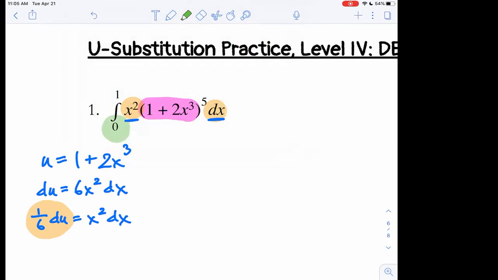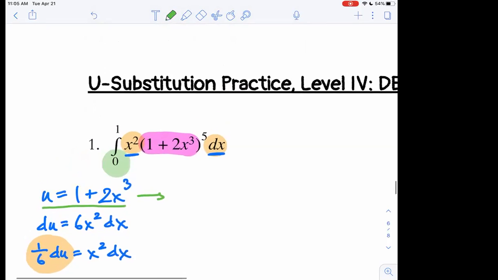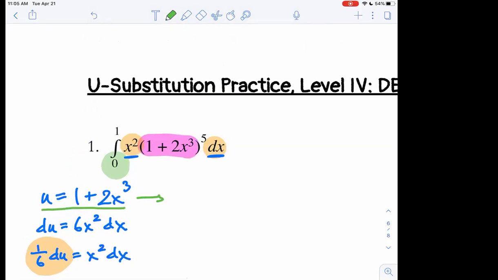So what I want to do is make it into a u value. And here's how I'm going to do that. I'm going to take whatever I said my u was going to be, and everywhere I see an x, I'm going to plug in 0.